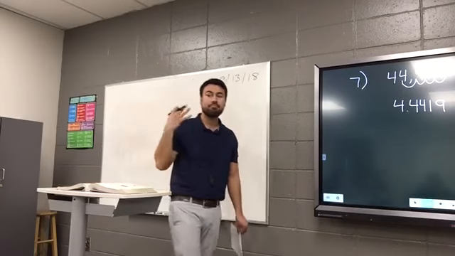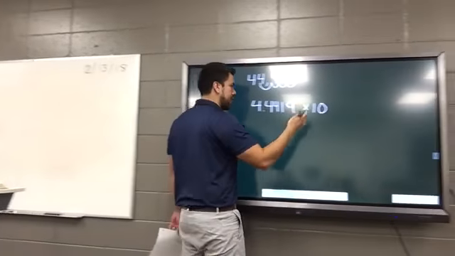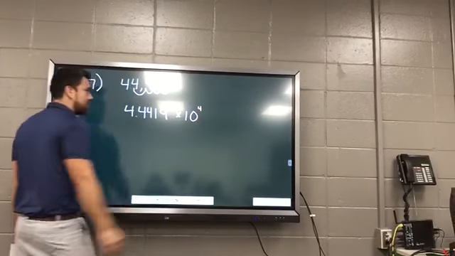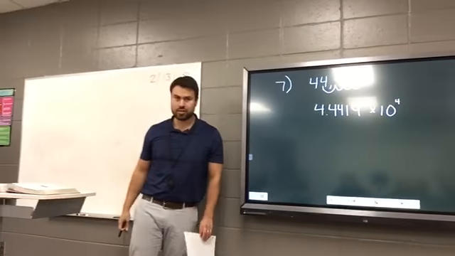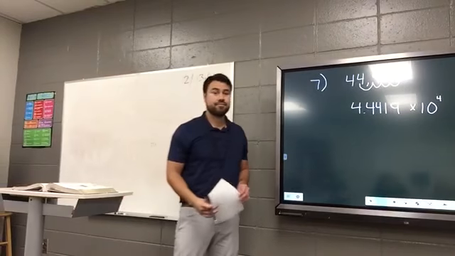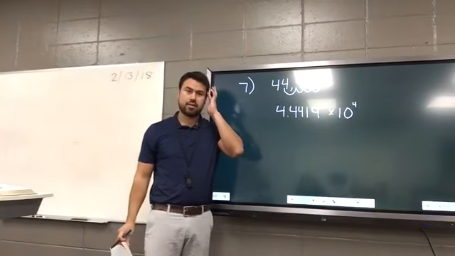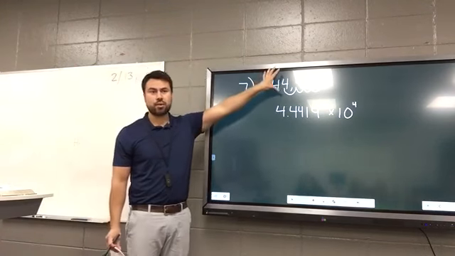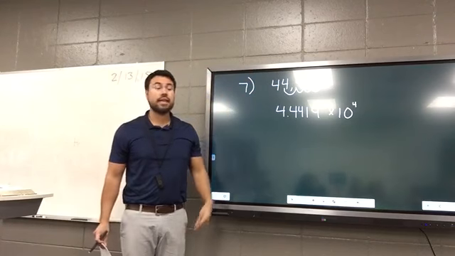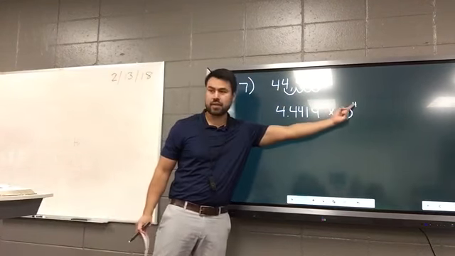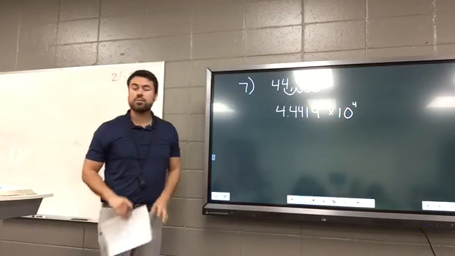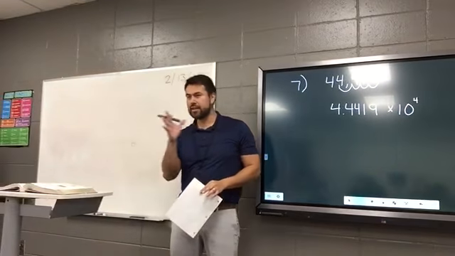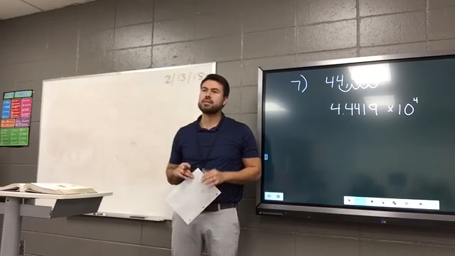Times 10 to the positive or negative? Okay, somebody tell me why it's positive, not negative, Claire. Okay, you can say that. And then what was the explanation I wanted to give you? Yes, Alex. Yeah, it's a big number, positive exponent. So that's another way. The reason I don't go with the left-right kind of idea is because sometimes we mix it up.